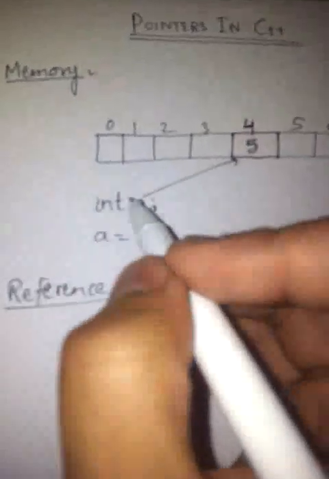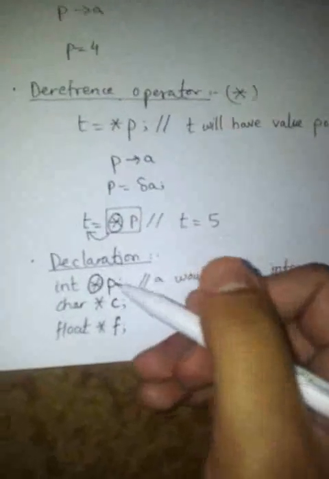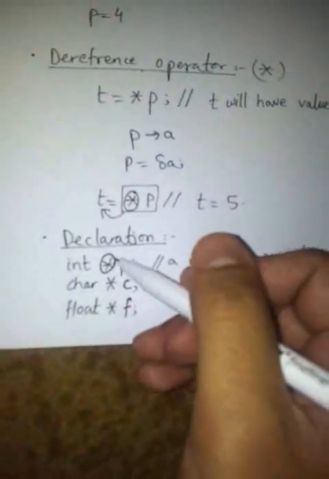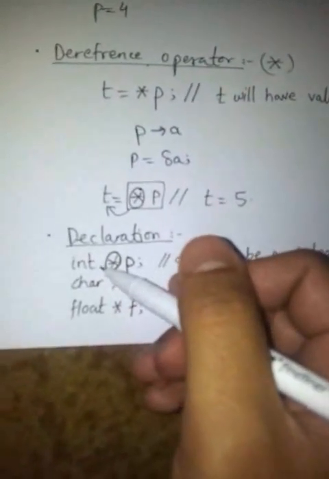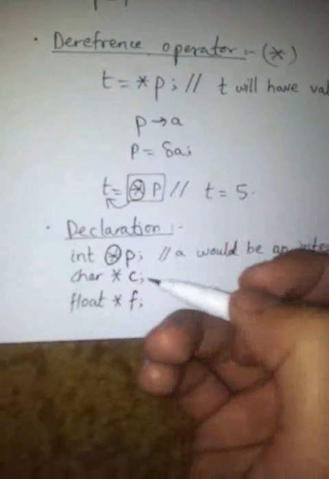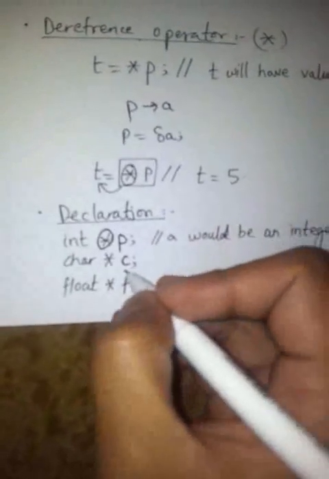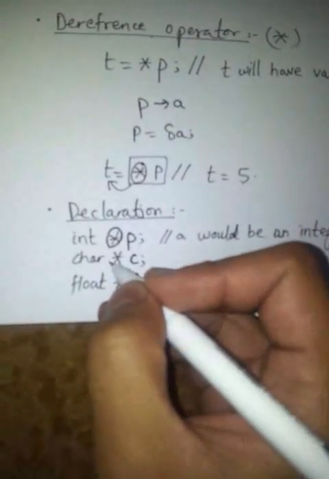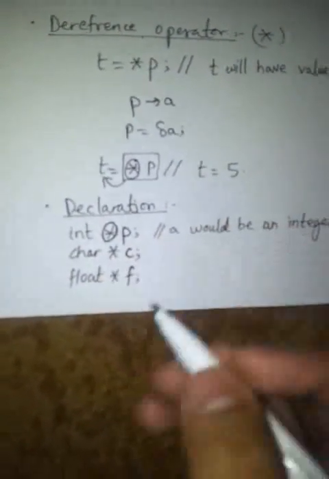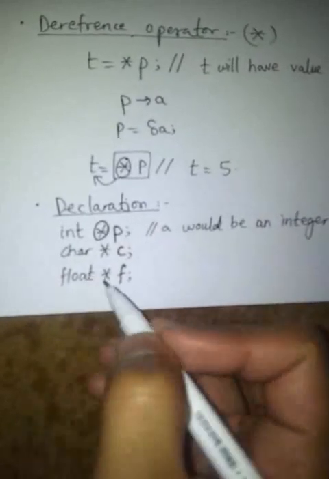In this example, we declared a to be an integer type, so p would point to a variable of integer type. In the same way, c would point to a variable of character type, and f would point to a variable of float type.